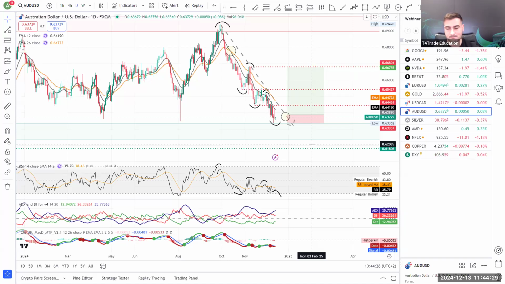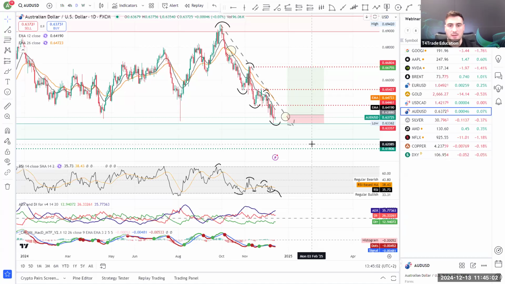For example, if we see a break above that ascending trend line, if we see price action breaking above the 12 period EMA, if we see the RSI forming a bottom and heading closer to the 50 level, if the positive DI crosses over and above the negative DI and the ADX stays above 40 or 45, and the MACD and the signal line head above the threshold.